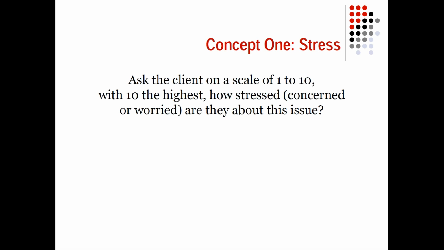Usually what I do is I recommend that you break it down by issue. You're not saying, are you worried about your case? No, you say, on a scale of 1 to 10, what you're concerned about the custody issues. On a scale of 1 to 10, what you're concerned about going through discovery. You take the key issues that the client is communicating they have anxiety or stress about, take them apart, and have the client score them.